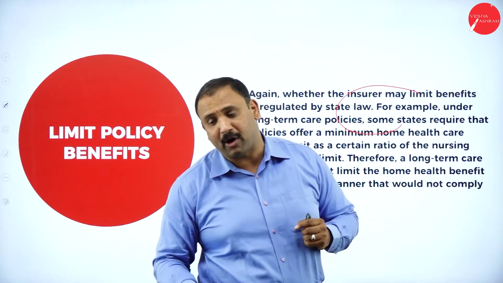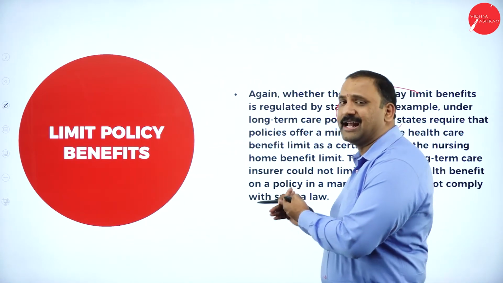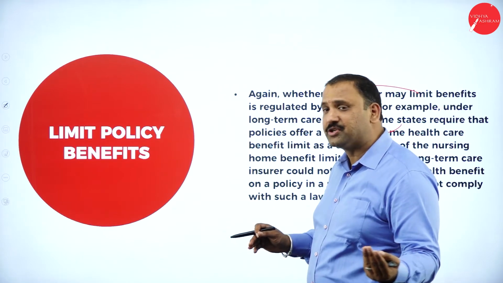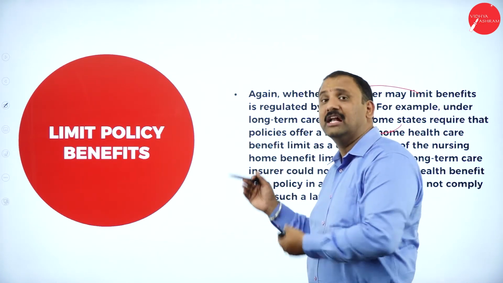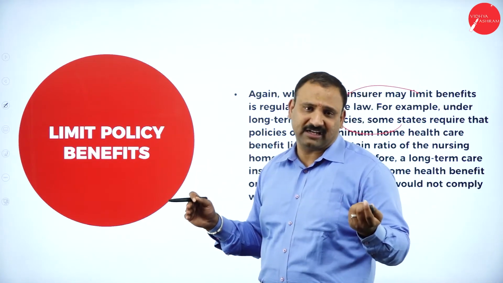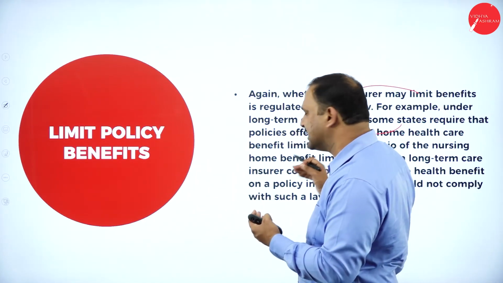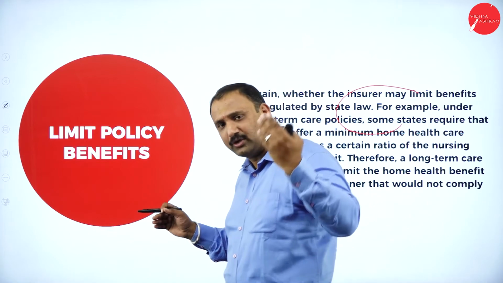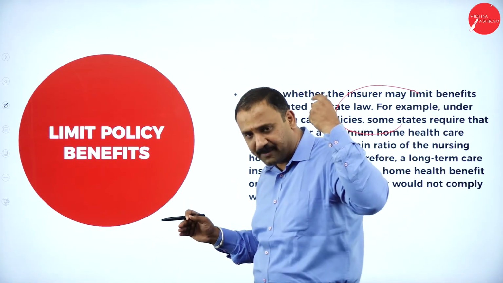At that point, the company cannot say that I will not give you this insurance. That cannot be accepted at all. It has to be given, and the person will come under the basic factors of the insurance. So it's always the state policy that offers that minimum value, and then the company has to give it.